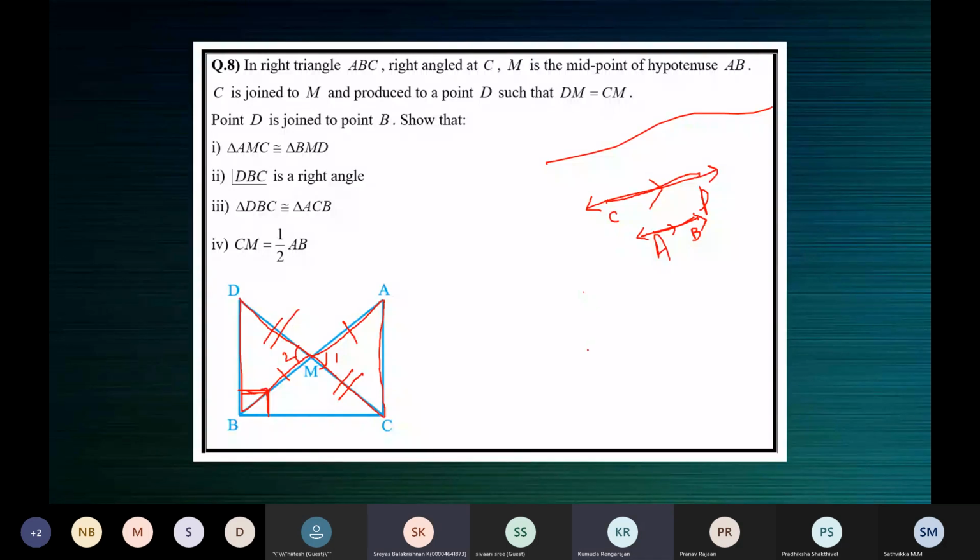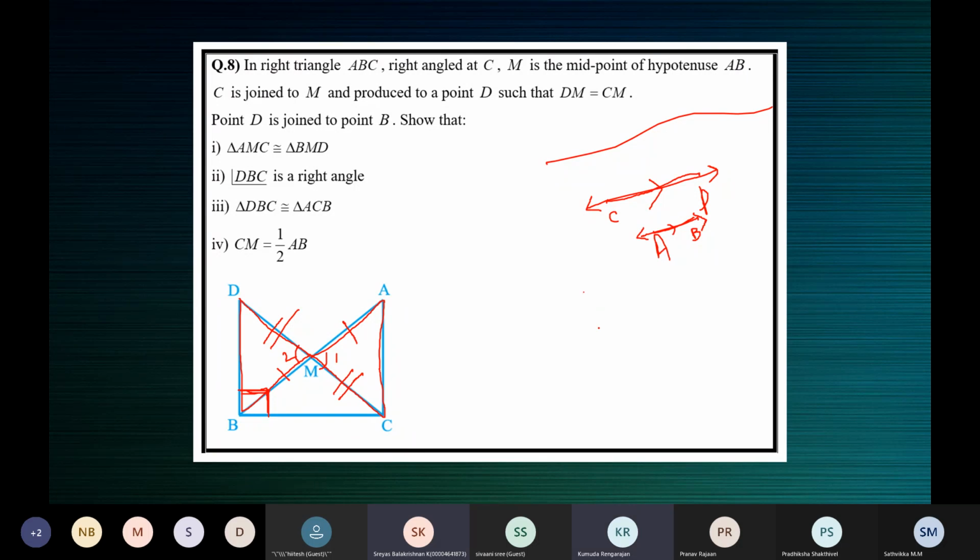Since angle MAC is equal to angle MBD by corresponding parts of congruent triangles, then line AC is parallel to DB, as they form alternate interior angles. Now BC is a transversal which intersects AC and DB.